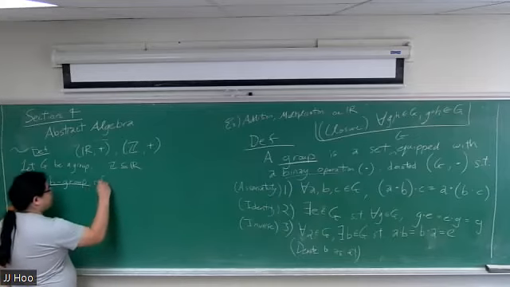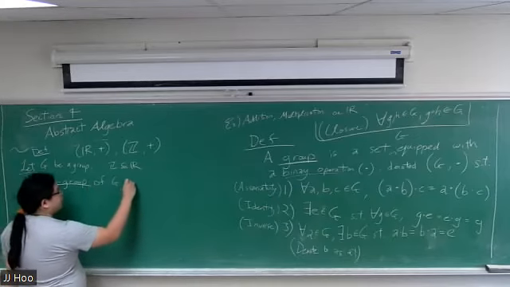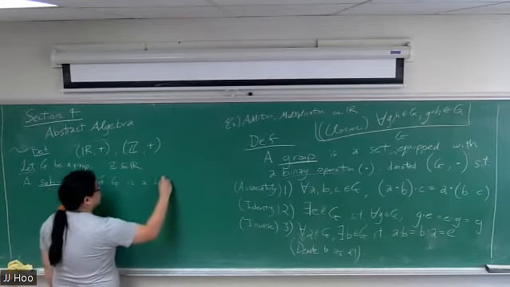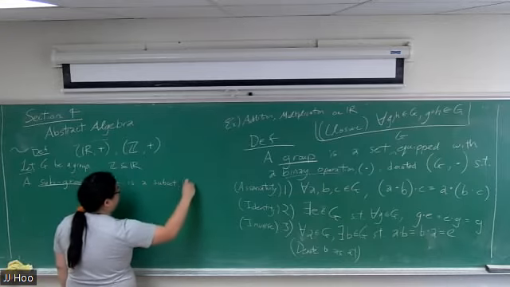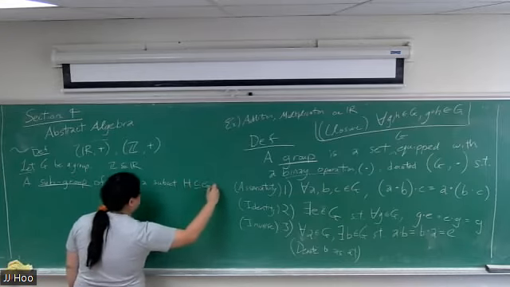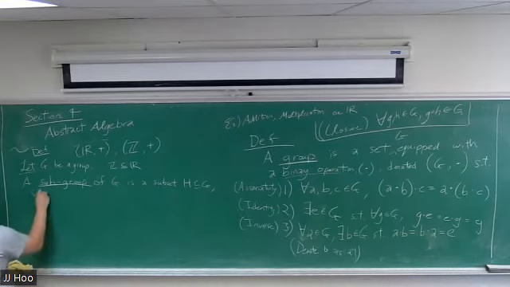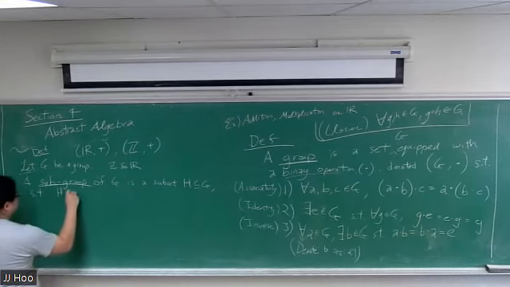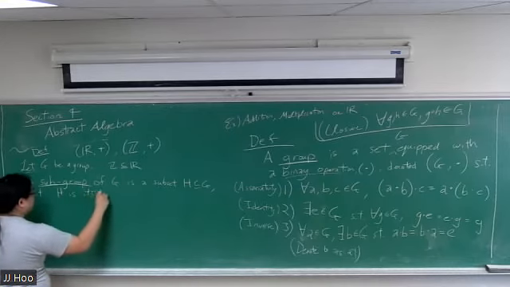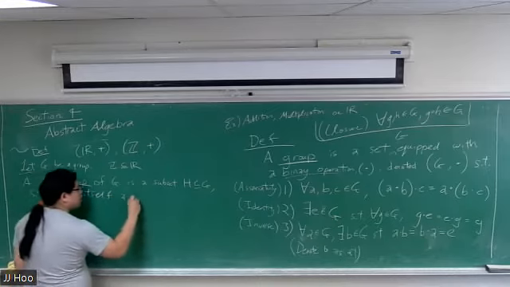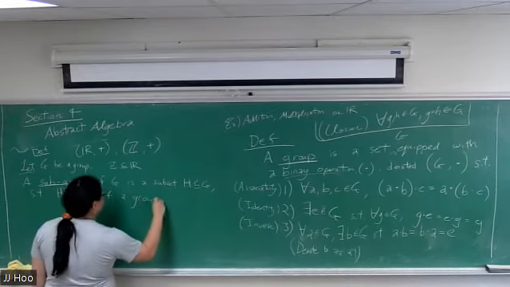A subgroup of G is a subset, we'll call it H, which is a subset of G, such that H is itself a group under the same operation.